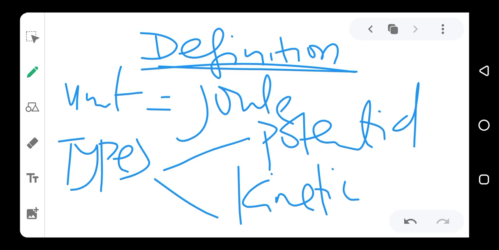The energy in your body is said to be potential energy because the energy is not used for doing work. Therefore, the energy in your body when you are not doing any work is called potential energy.